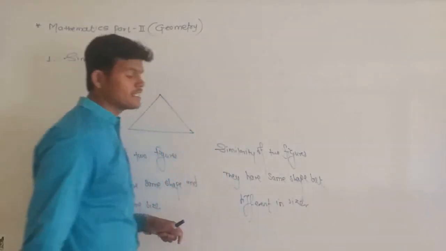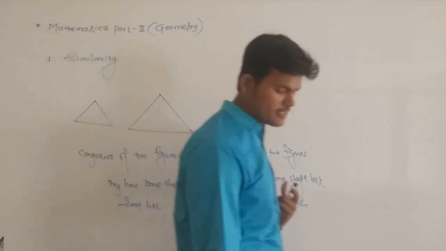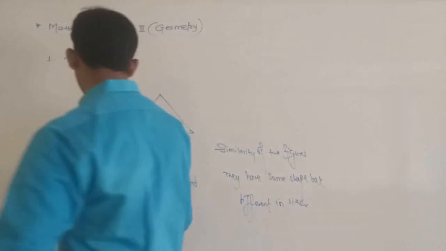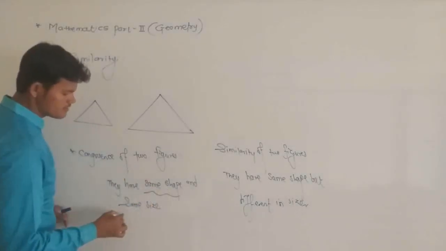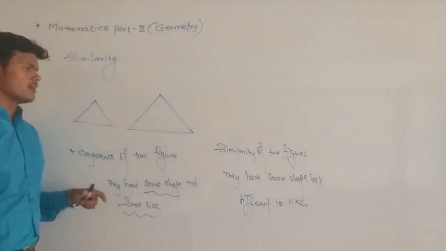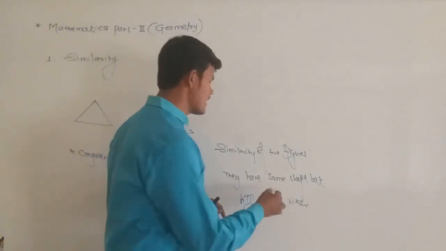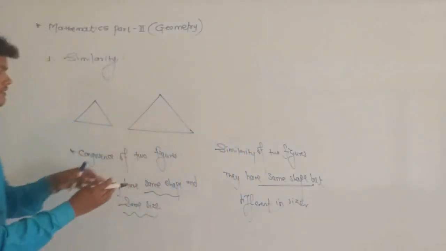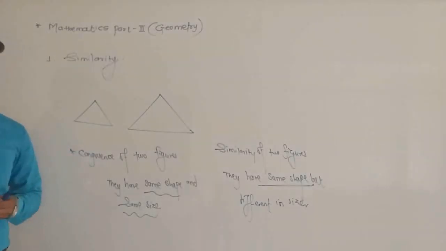This is the basic difference between congruence of two figures and similarity of two figures. So for congruence of two figures, they have the same shape as well as same size, and for similarity of two figures, the most important thing is they have the same shape but different in size.